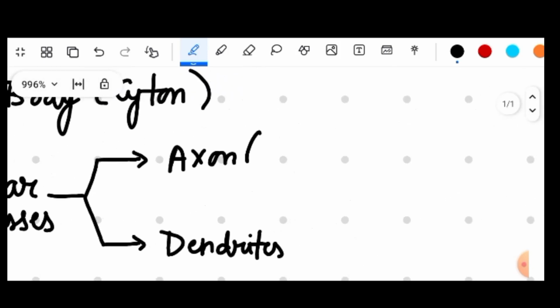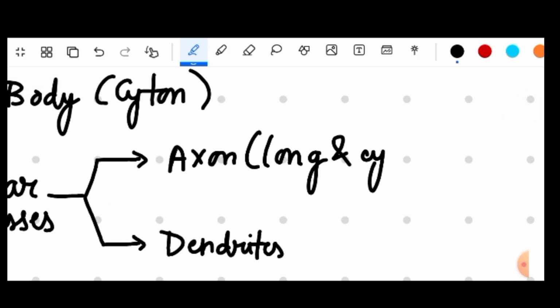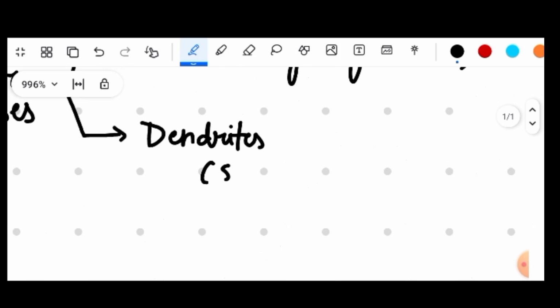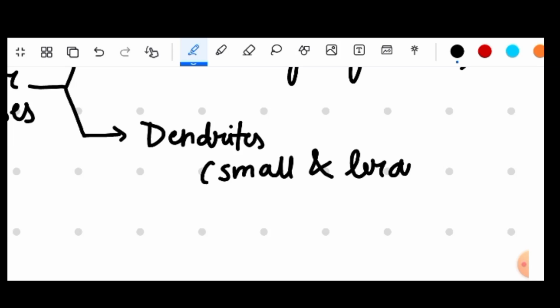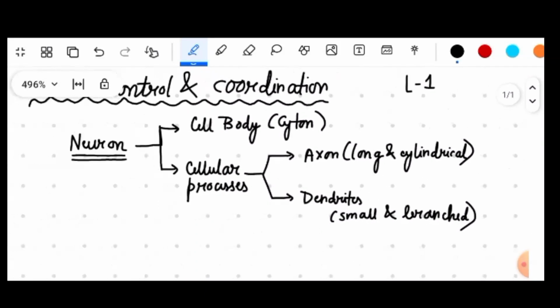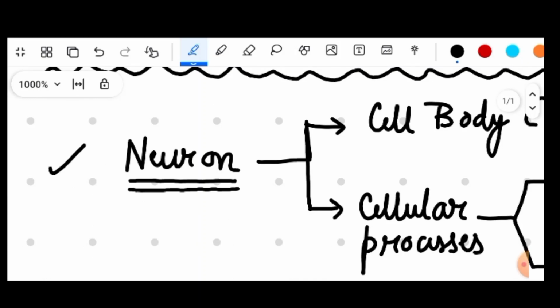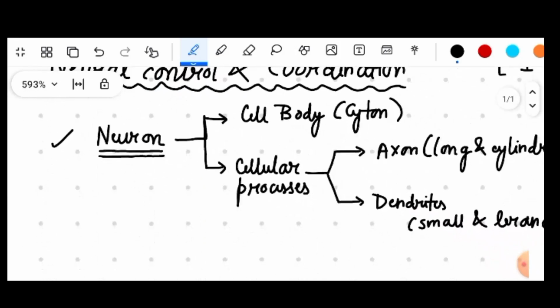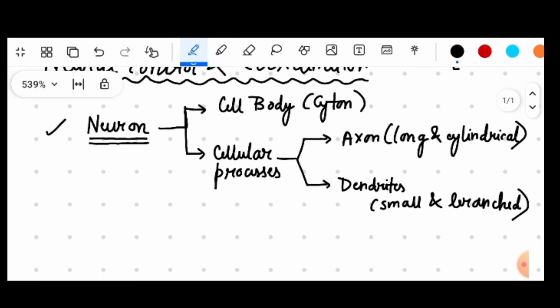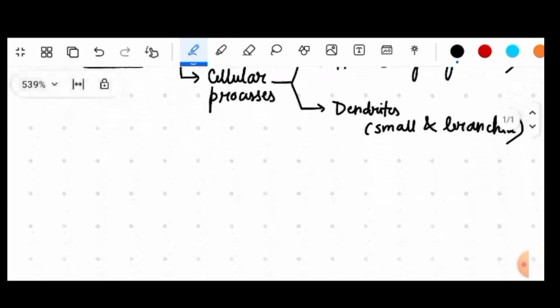Axon is long and cylindrical, while the dendrites are small and branched. So this constitutes the neuron. There are different types of neuron as well, but let us first understand the structure of the neuron.